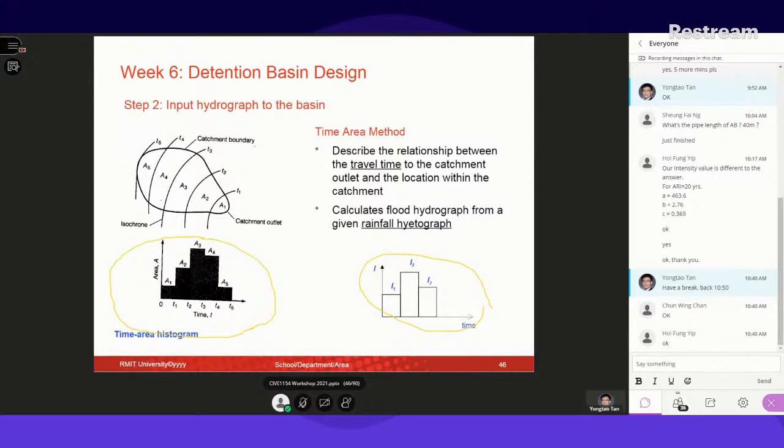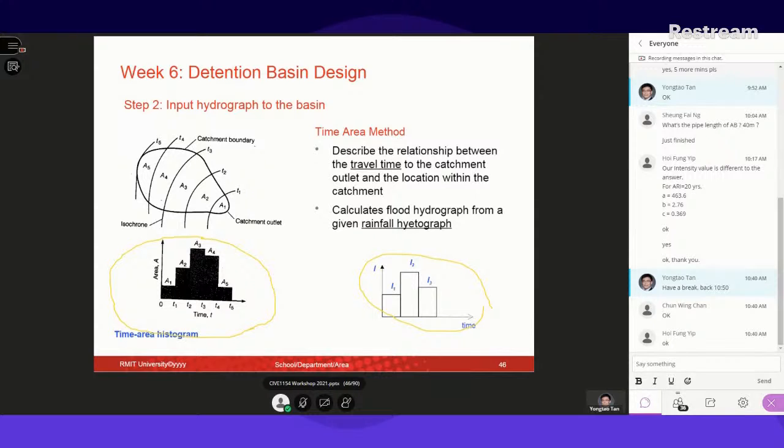For example, from 0 to T1, the contributing area is A1, and from T1 to T2 the contributing area is A2, etc.